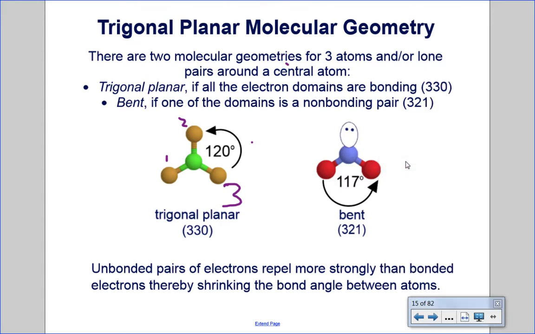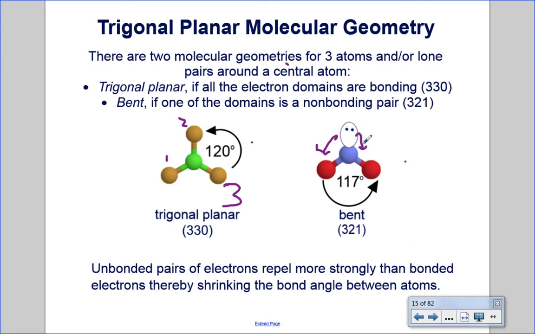That unbonded pair pushes slightly down on the two pairs containing bonds, therefore transforms this angle from 120 to 117, and these angles up here will be slightly greater than 120.